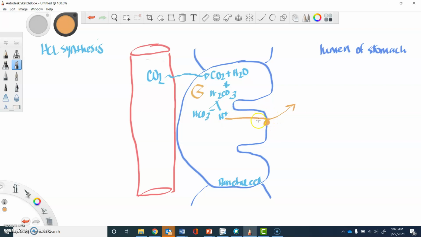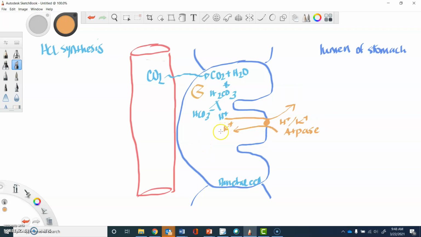This transporter is actually an active transporter, and it is called the hydrogen potassium ATPase. So we'll say hydrogen potassium ATPase. So what do you think happens from that? We've got hydrogen and potassium. Well, potassium is actively transported in, so that we're kind of trading a hydrogen for a potassium here.